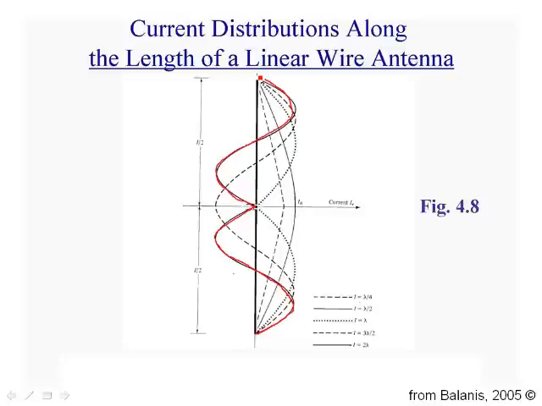Let's think about that one a little bit. We'll see this played out in the mathematics as we go ahead in the other slides, but let's ask ourselves, what would be the radiation pattern of this antenna with the current distribution that I drew in red if the observer was off in the XY plane, in other words, broadside to that antenna? Well, any radiation that this observer receives from currents over here are going to be canceled by radiation it receives from currents over there.